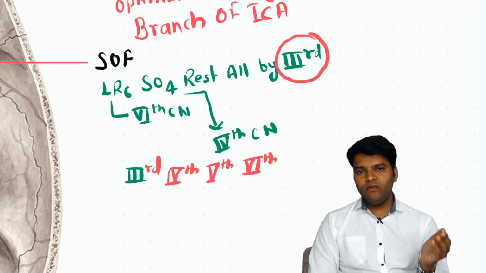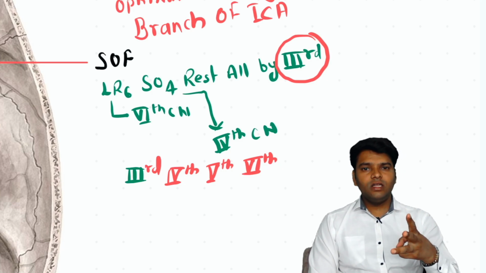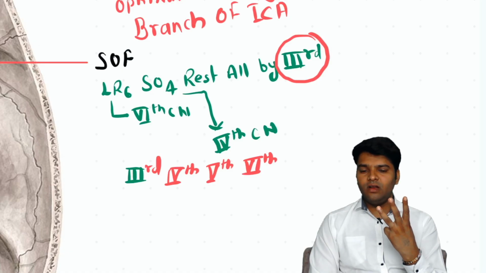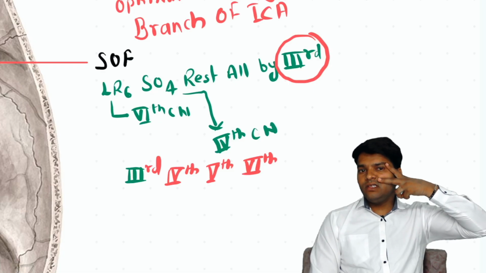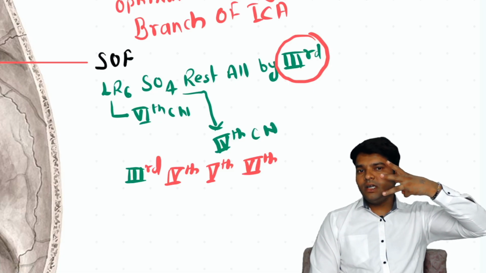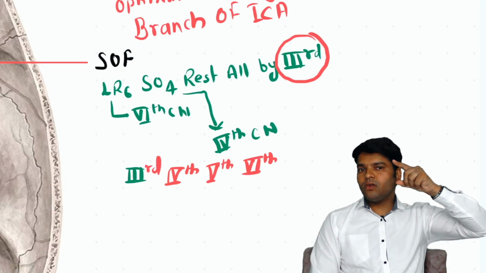If I talk about the trigeminal nerve, the 5th cranial nerve, there are three branches: the ophthalmic branch, the maxillary branch and the mandibular branch. The ophthalmic branch is called V1.